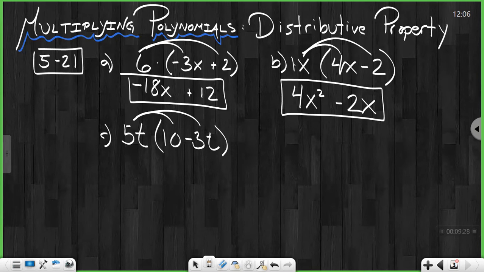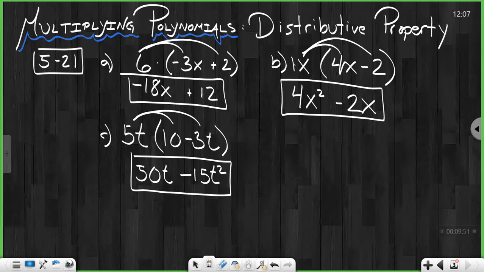Again, do numbers times numbers, variables times variables. 5 times 10 is 50. t times no t's stays as a t. Now do the next one. Numbers times numbers. 5 times negative 3 is negative 15. t times t is t squared. And that's my result.